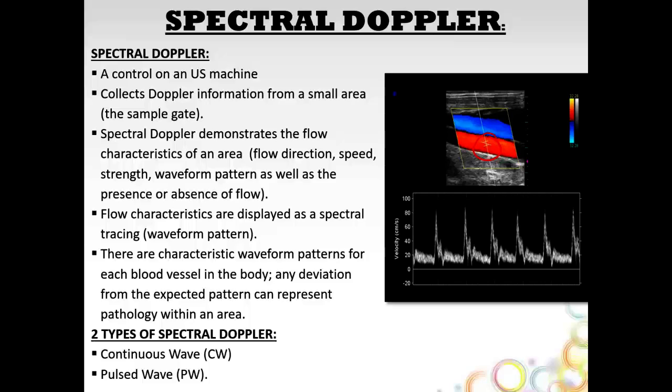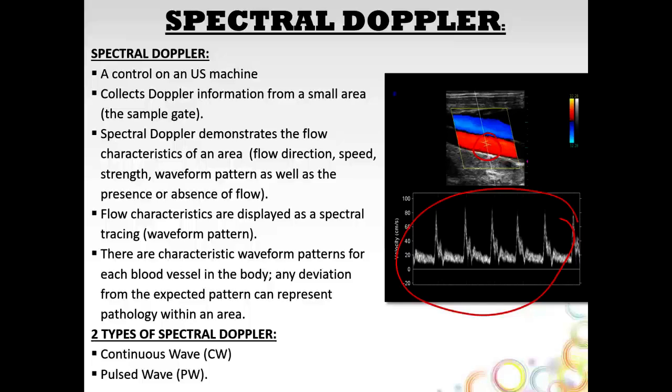So the flow direction, the flow speed, strength, and it projects a waveform pattern that lets us know how that vessel is flowing. We call it a spectral tracing or waveform pattern. And each vessel in the body, arteries and veins, have a characteristic waveform pattern. So if there's any deviation from that expected pattern, that can represent pathology within an area.